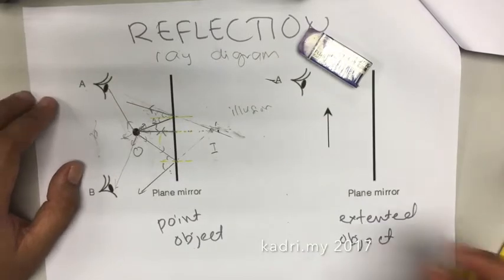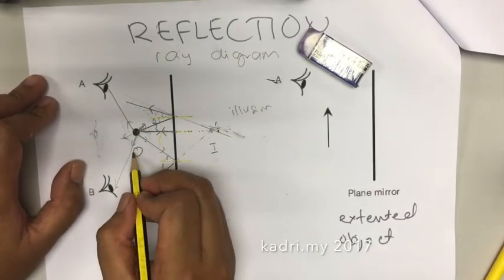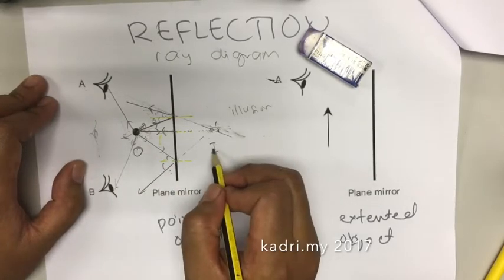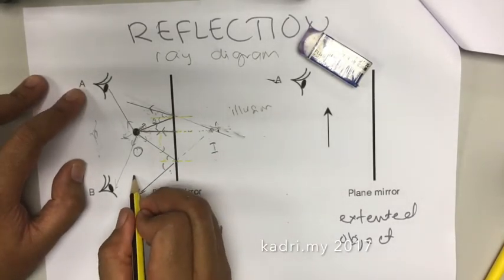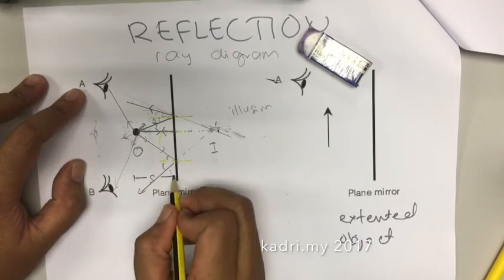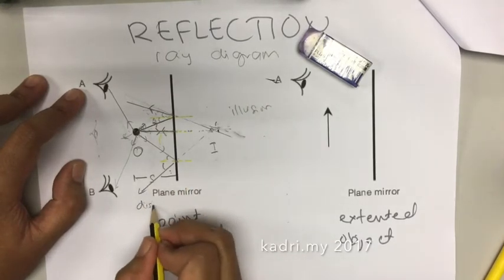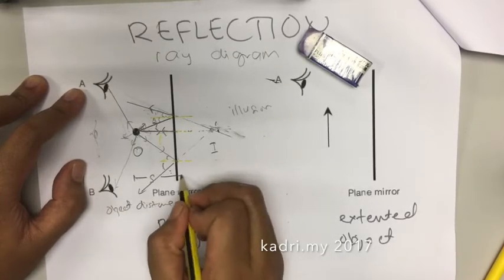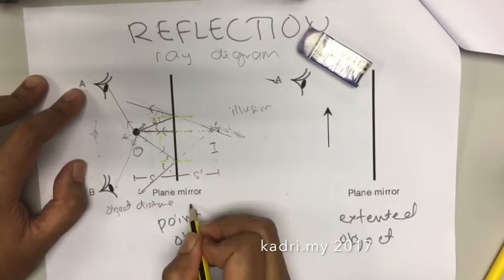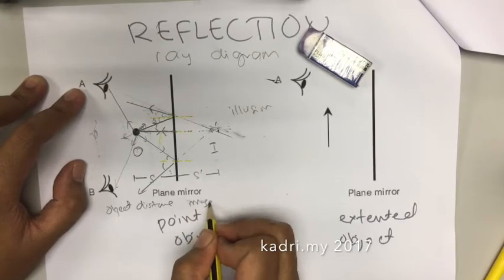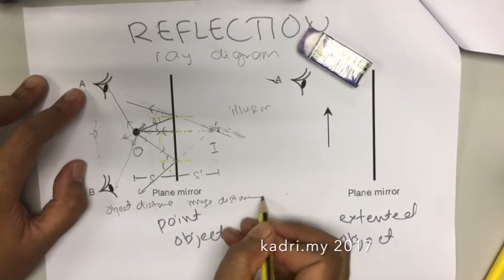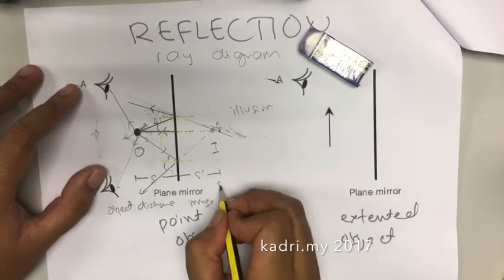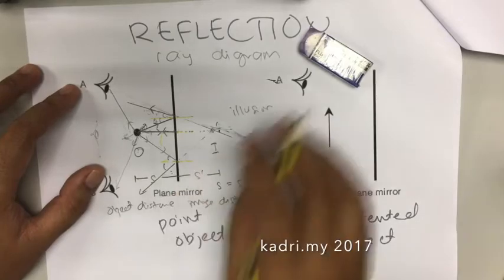So if we put symbol O as the object and I as the image, we can also define another quantity called S as the object distance, and also from here to here as the image distance. Okay, this is the image distance, so we can see that S equals S prime.